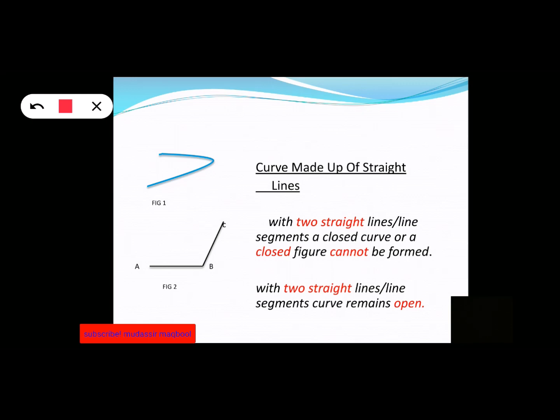When we combine two straight lines, we get a curve, and that curve will always be open. There is no way to get a closed curve by using only two straight lines.